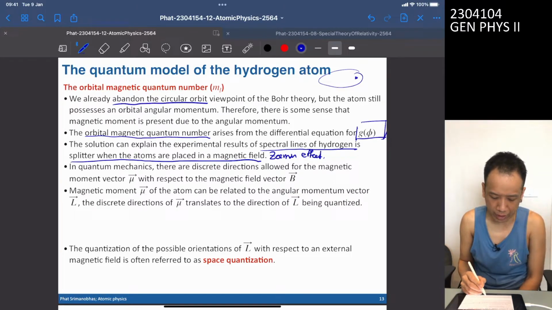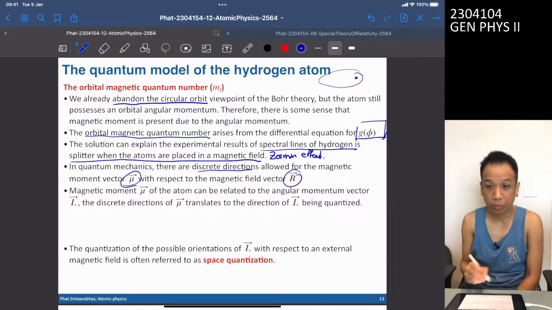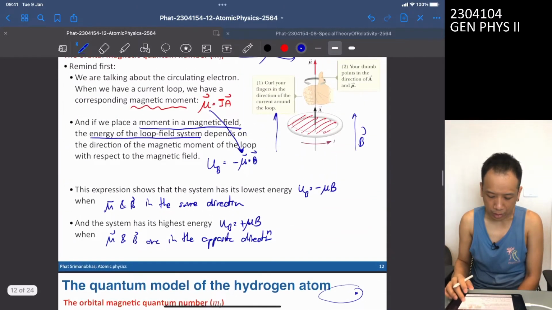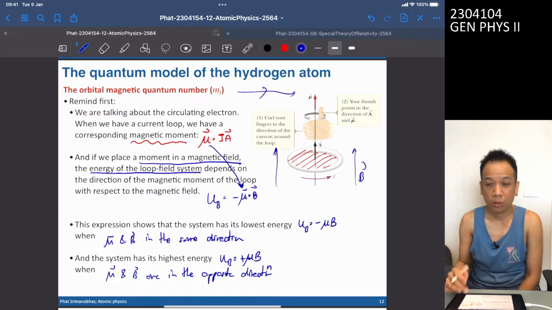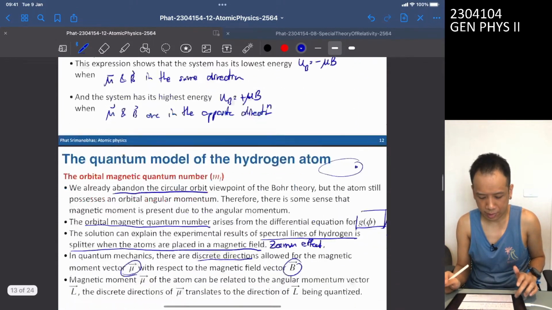In quantum mechanics, there are discrete directions allowed for mu with respect to B. In the classical picture, nothing forces B to be in the same or the opposite direction; it can be in any orientation, and the system will adjust itself.